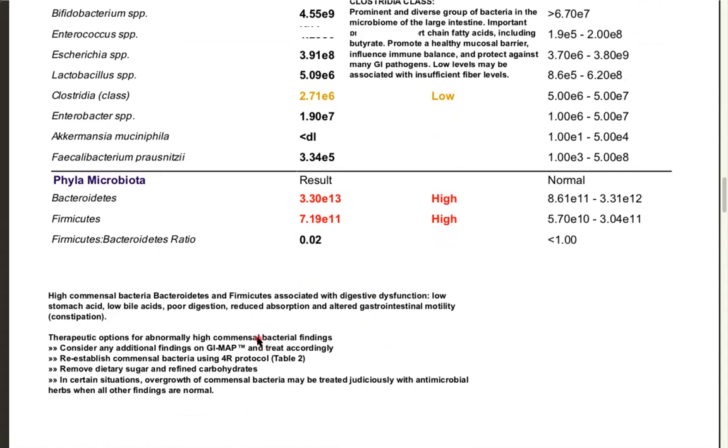It might mean that the food particles aren't being broken down properly, so low stomach acid, poor digestion, reduced absorption. So we might want to address introducing some antimicrobials to keep that bacteria in check, because we're getting a little bit of an overgrowth here.